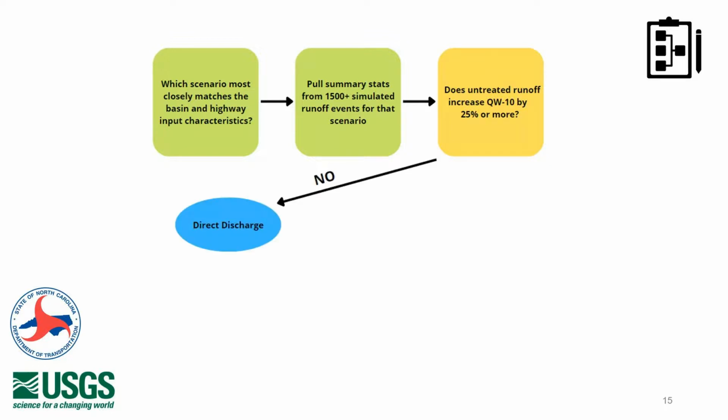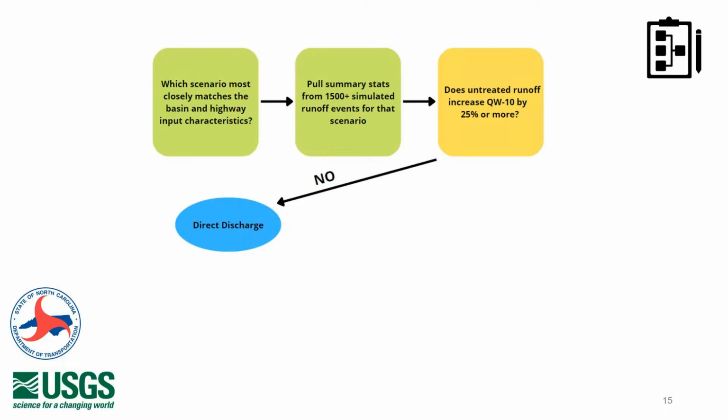If it is increased but less than 25%, we say that the preliminary treatment is not necessary per the science. Basically what this does is we're looking at a mass balance model.